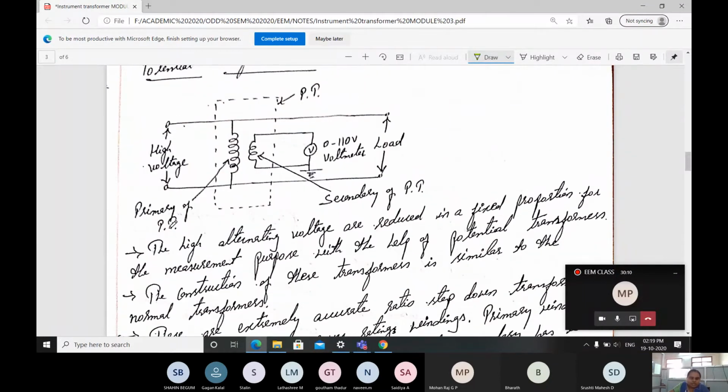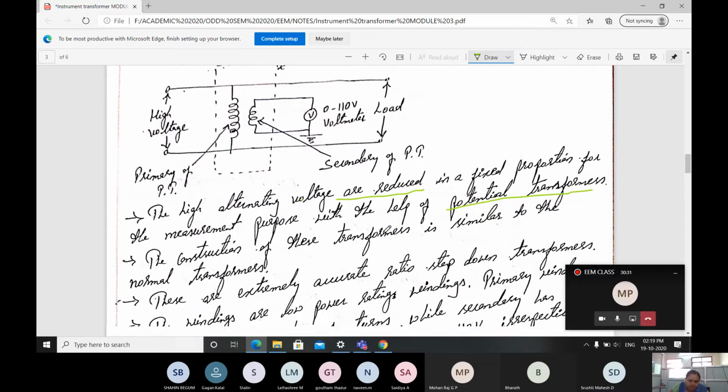The first point is that high alternating voltages are reduced in a fixed proportion for measurement purposes with the help of the potential transformer. By using this, we can reduce the voltage.